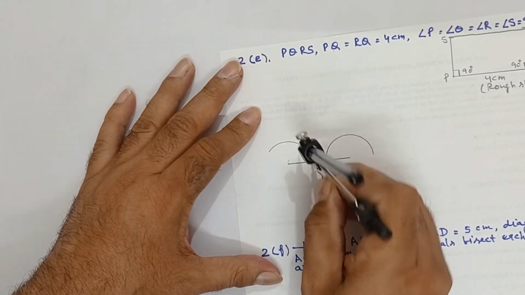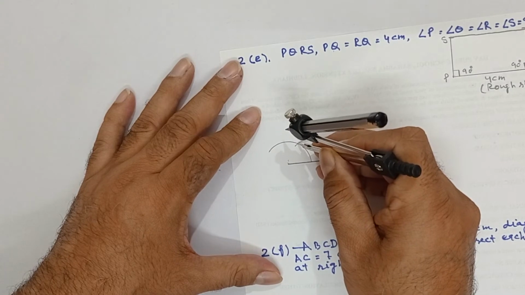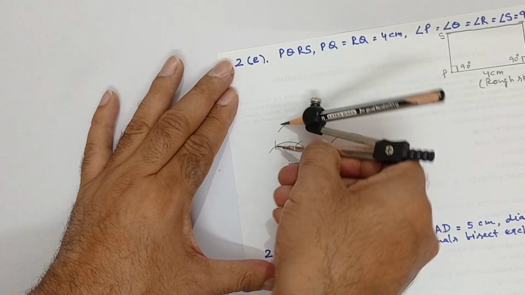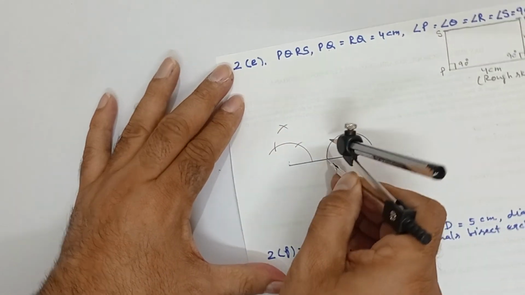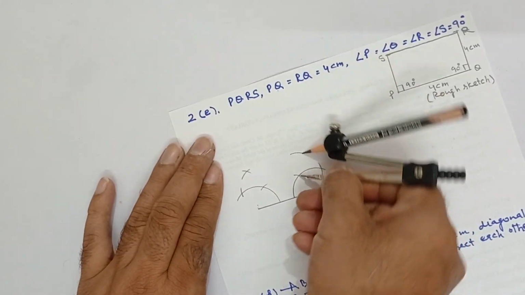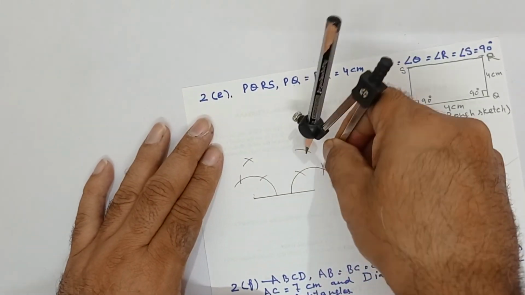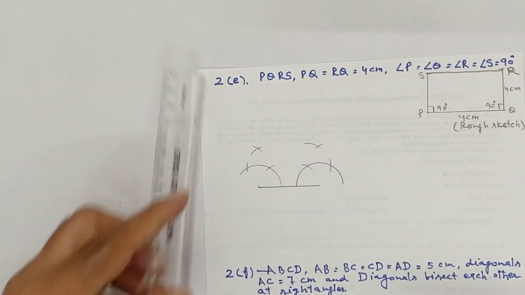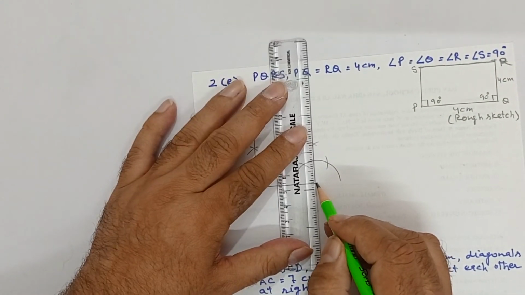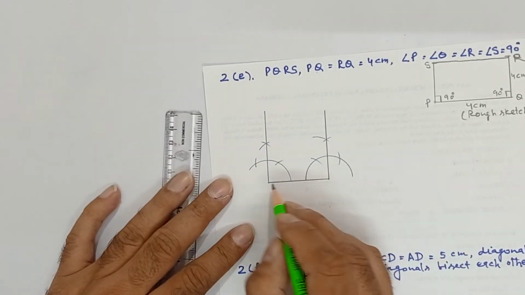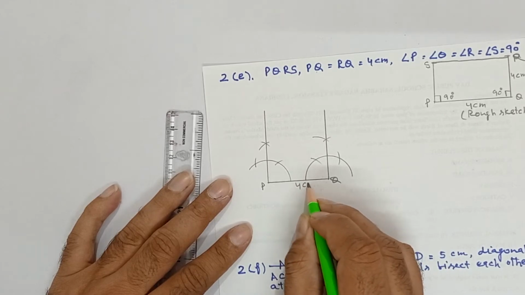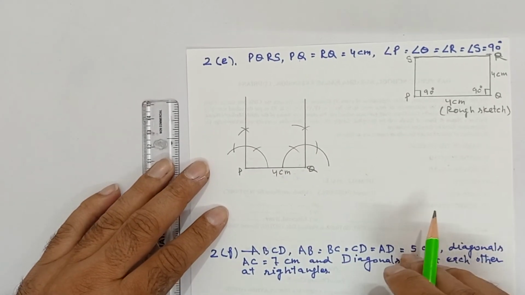This is 60 degree, this is 120 degree, one from 60 and one from 120. Similarly here, this is a 60 degree arc, this is 120, once from 60 and then from 120. Then extend with a solid line. This is PQ and it is given 4 centimeter, and QR is given 4 centimeter.